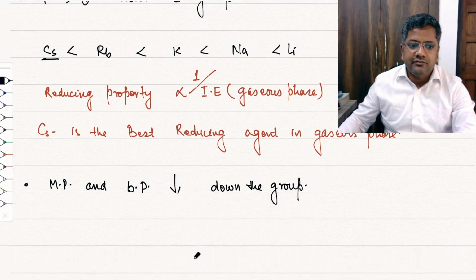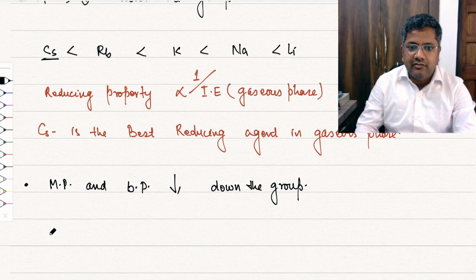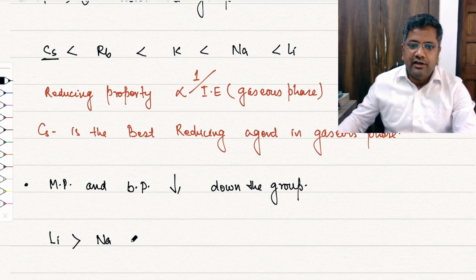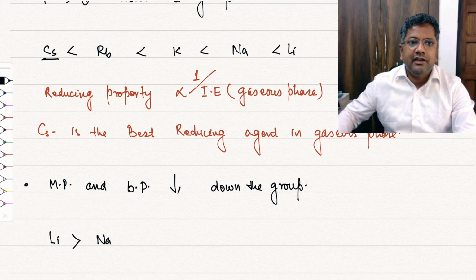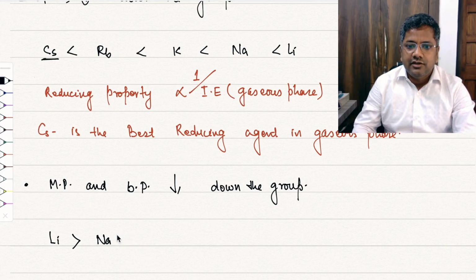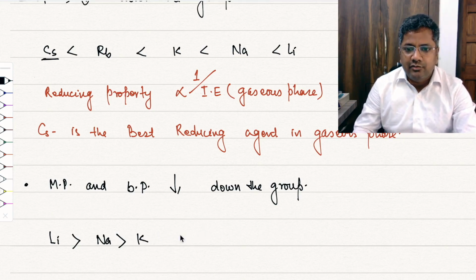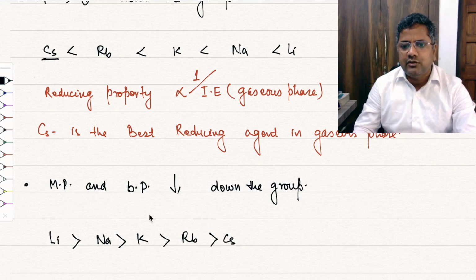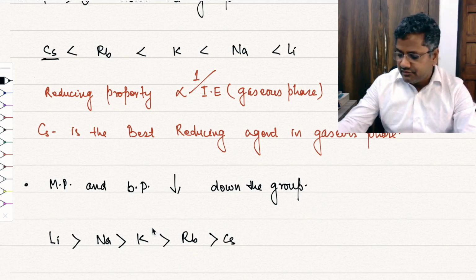So you can see the melting point of lithium is more than sodium, and boiling point also, right? Sodium is more than potassium, and potassium is more than rubidium and cesium. I think there is no exception for melting point and boiling point, right?